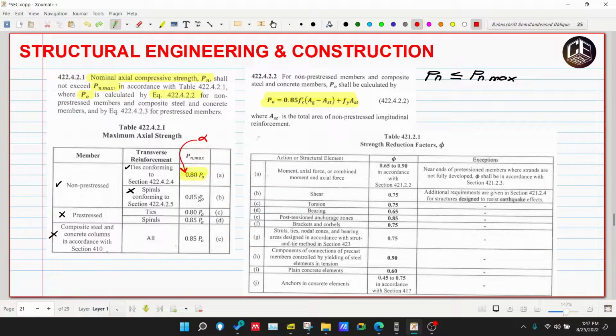Kapag spiral naman, 0.85. Ngayon, kung ito yung ating nominal strength, makukuha natin yung ating design strength or allowable strength. Pero yung nahanap ko lang kasi dito is yung reduction factor na phi. Okay lang din naman yun. Anyway, hindi naman siya pinapasolve sa problem, pero dagdag na lang din, discussion kung ipapahanap sa atin yung design strength.